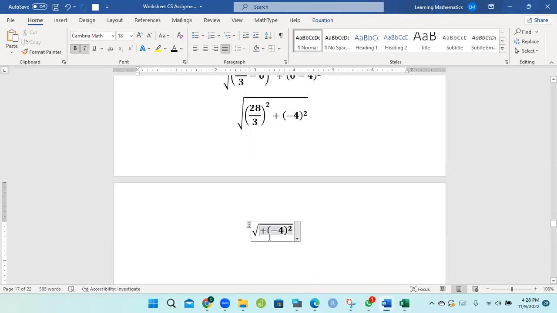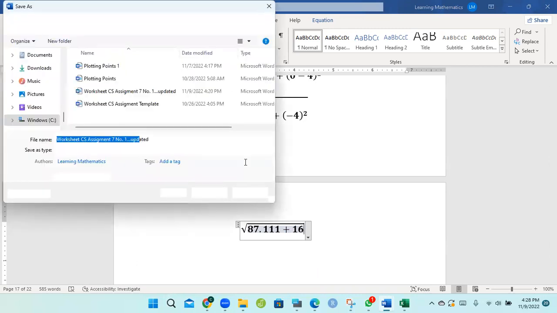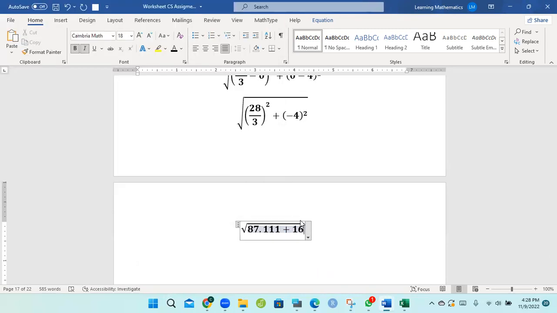And we all know negative 4 squared is 16, a negative times a negative is a positive. So now we have to add 87.11 and 16 before we square root, because they are under the square root sign.